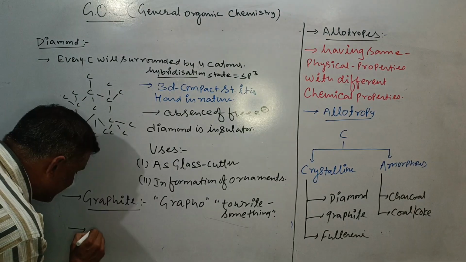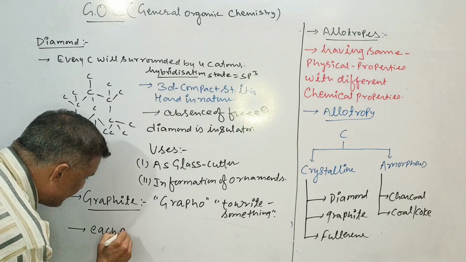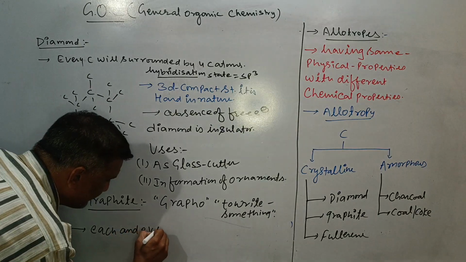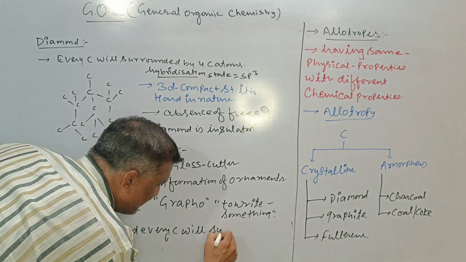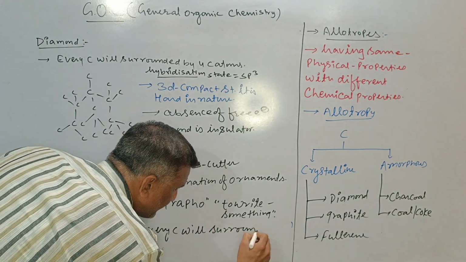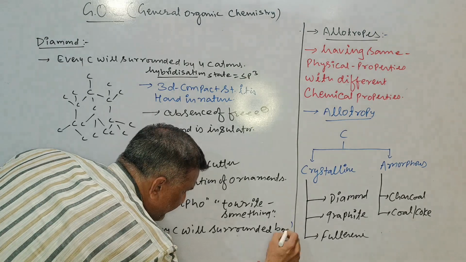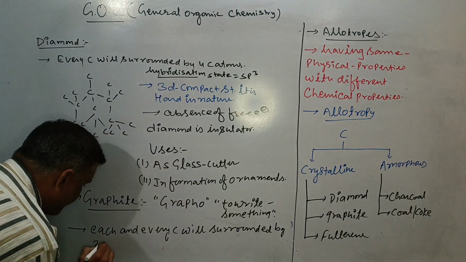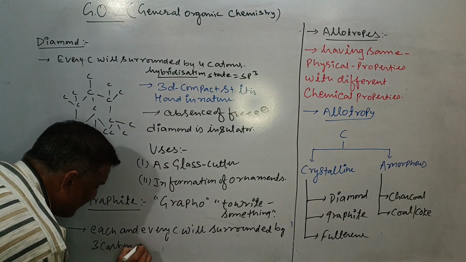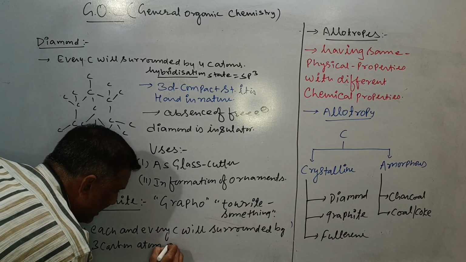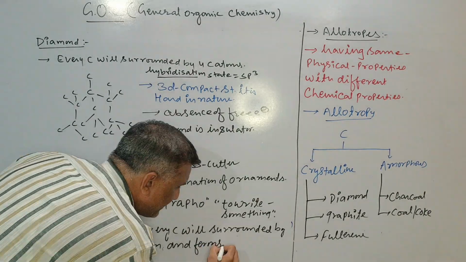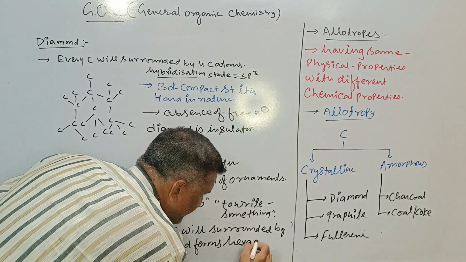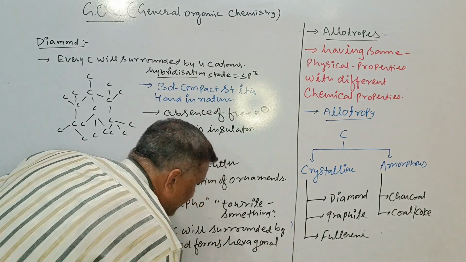In graphite, each and every carbon is surrounded by 3 carbon atoms and forms a hexagonal layered structure. Hexagonal is the most important word.